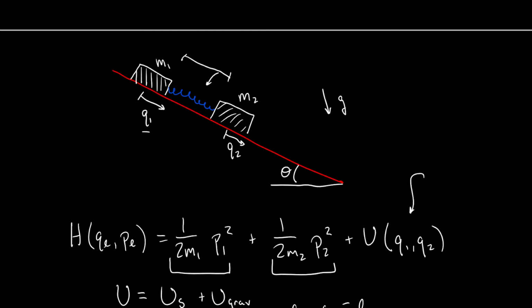They want to go down the slope. So I just defined Q1 and Q2 so that their evolution would be positive, and the reason being is that we'll hopefully avoid a bunch of dropped negative signs here and there. Like I said, it's completely arbitrary.